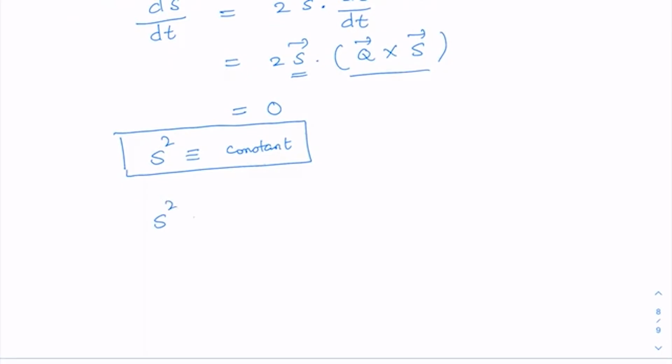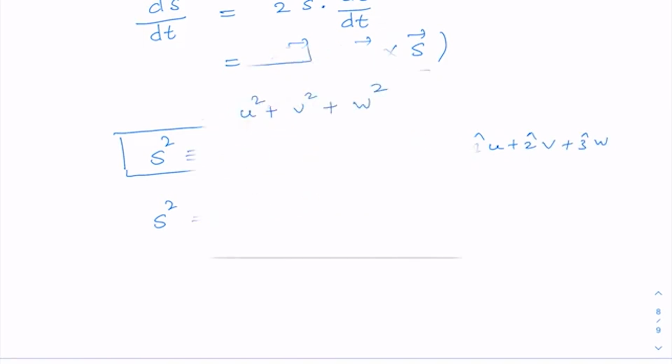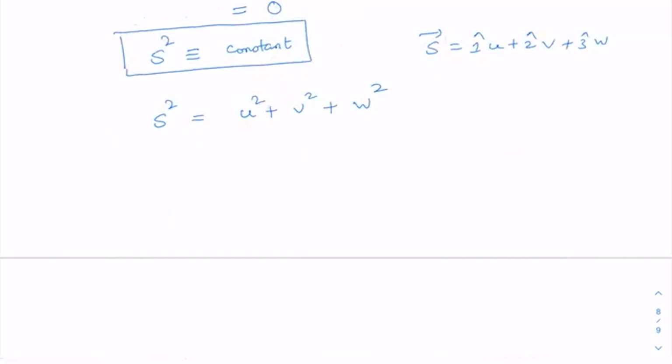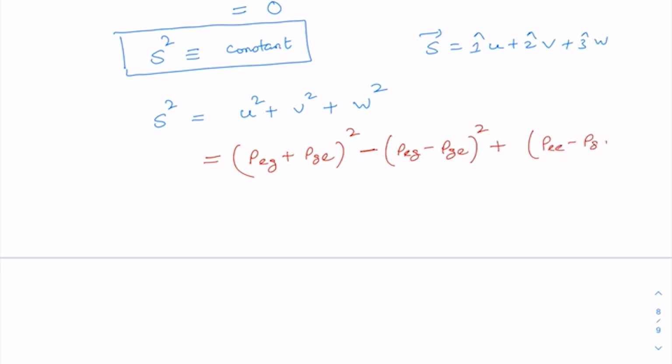And you can show that s square, because s is equal to 1 cap u plus 2 cap v plus 3 cap w, is equal to u square plus v square plus w square. Now if you write u, v and w in terms of these density matrix elements, so u is rho ez plus rho ze, whole square, and then v, because i is there, minus will be there, so rho ez minus rho ze, whole square, plus w is rho ee minus rho zz.